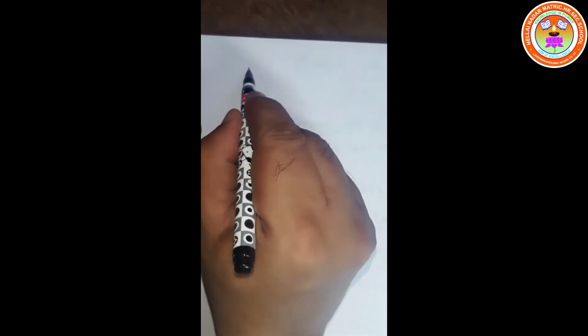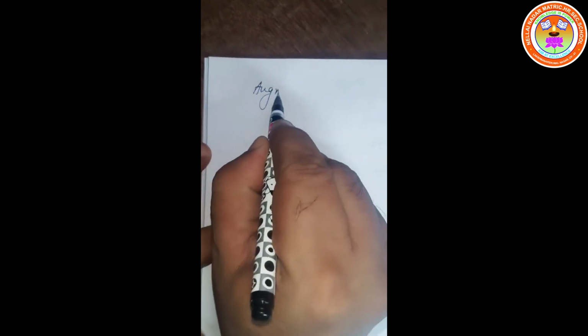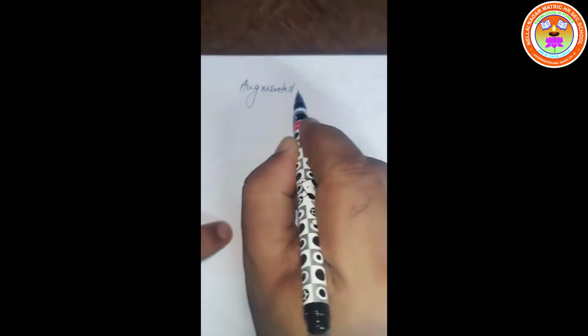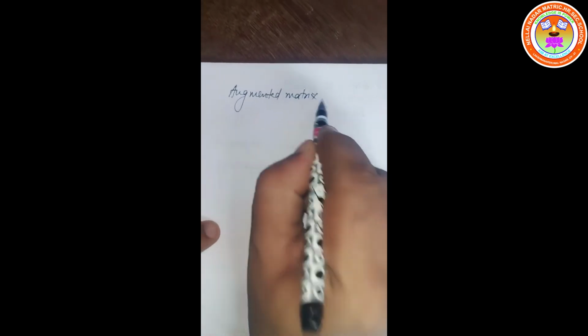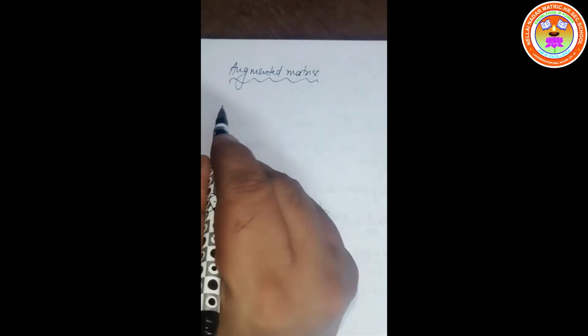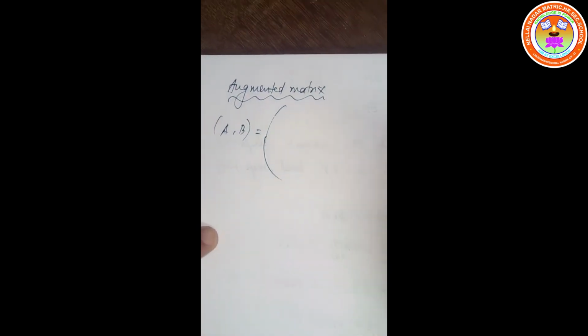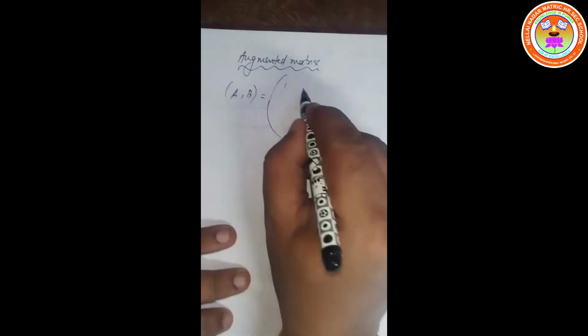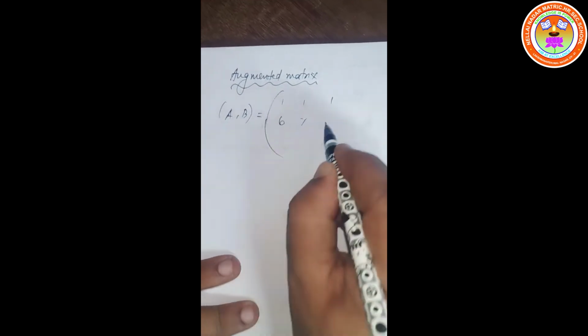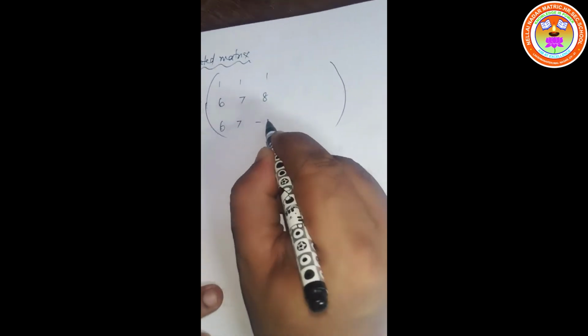Next step, augmented matrix. Two matrices together. First matrix 1 1 1, 6 7 8, 6 7 minus 8.